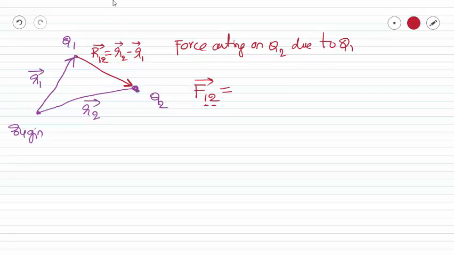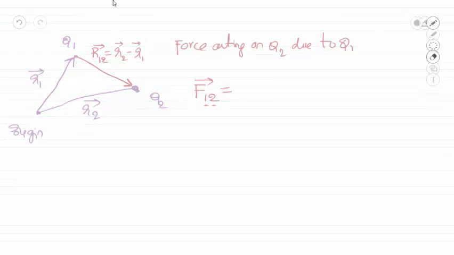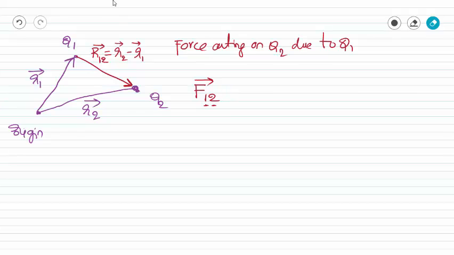So F12 bar is equal to, as per the definition, let us write not equal to, we'll move with proportionality constant. The definition says the force acting between two charges is directly proportional to the product of the two charges Q1 Q2 and inversely proportional to the square of the distance between them.